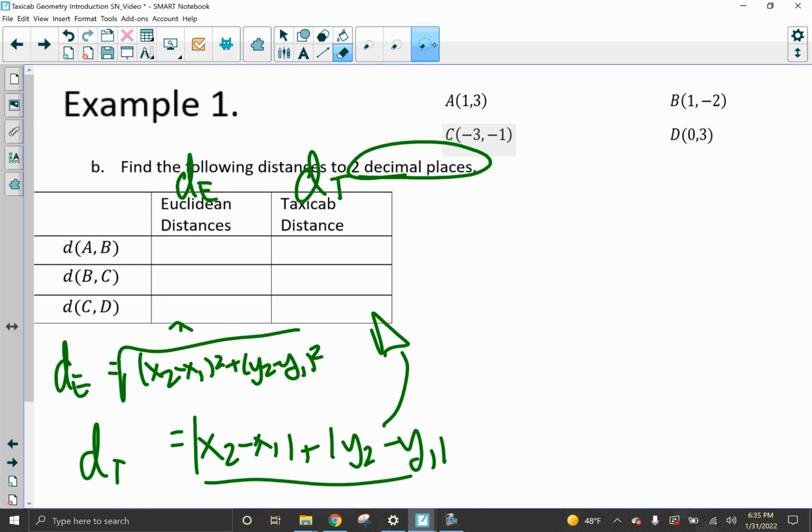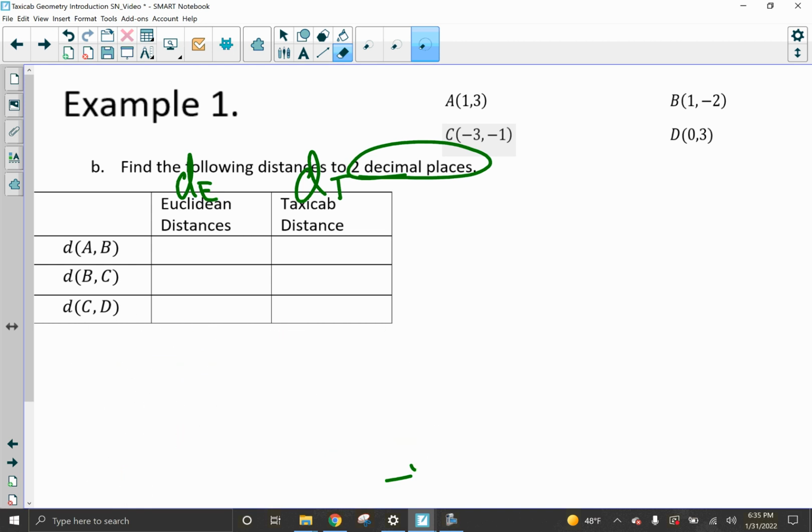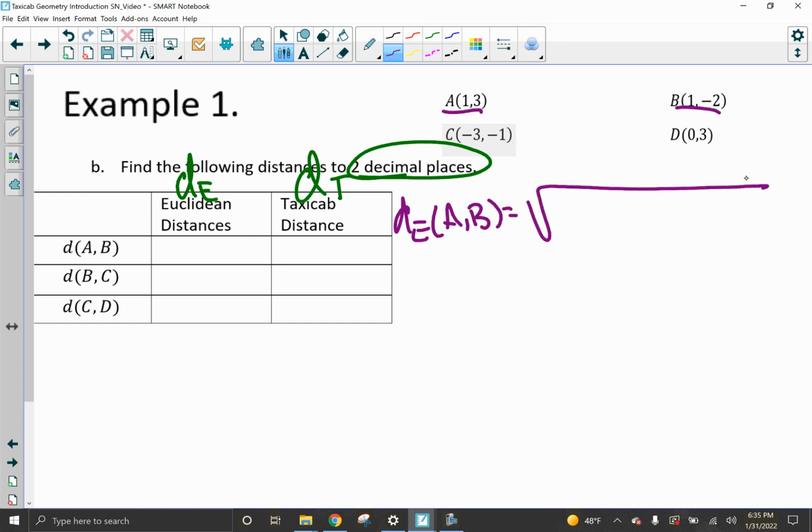I have to erase this because I need the space here. Okay, let's find the Euclidean distance between A and B. Here's A, here's B. Take the square root.